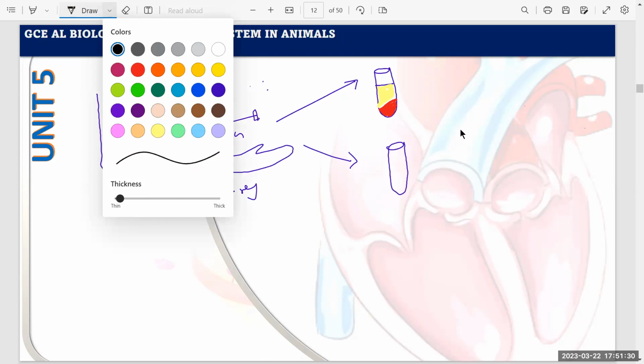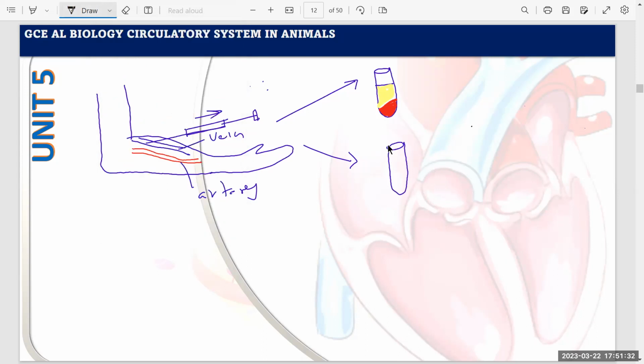Right, now what is important to understand is, what is this liquid? What is this solid? This solid consists of cells, which include red blood cells and white blood cells.